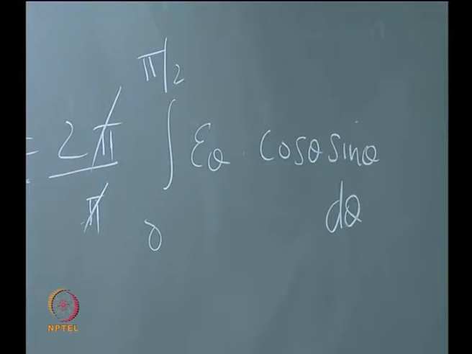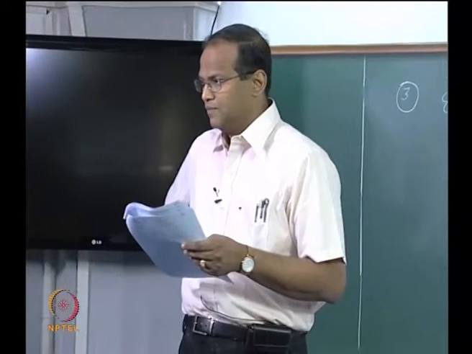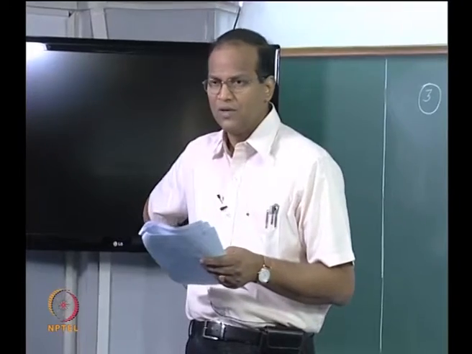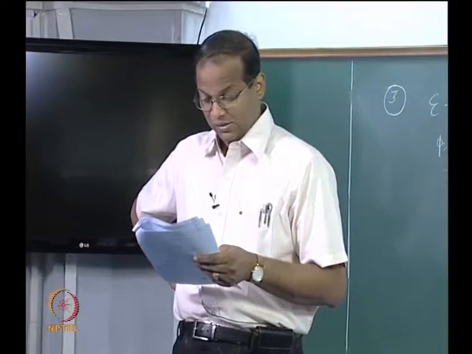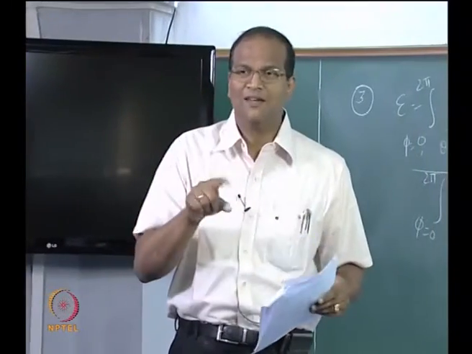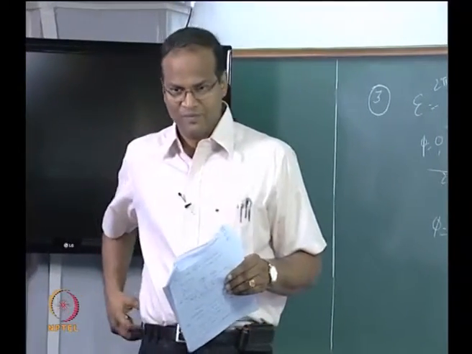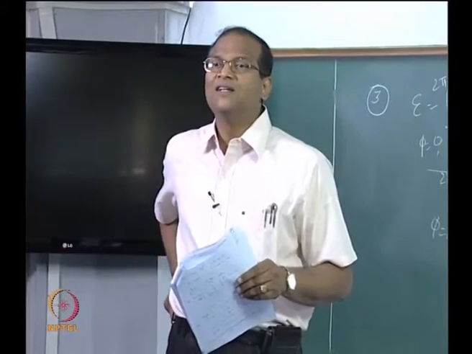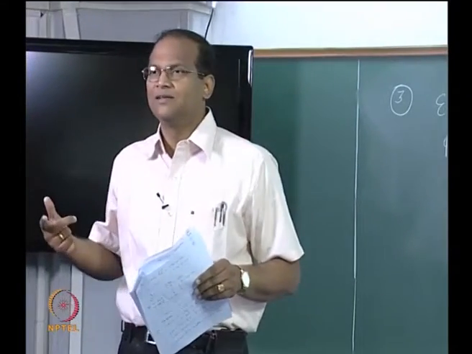I am writing this explicitly so that all of you remember that when you are converting this spectral directional into total quantities, the 2 will be there, so long as it is azimuthally isotropic.